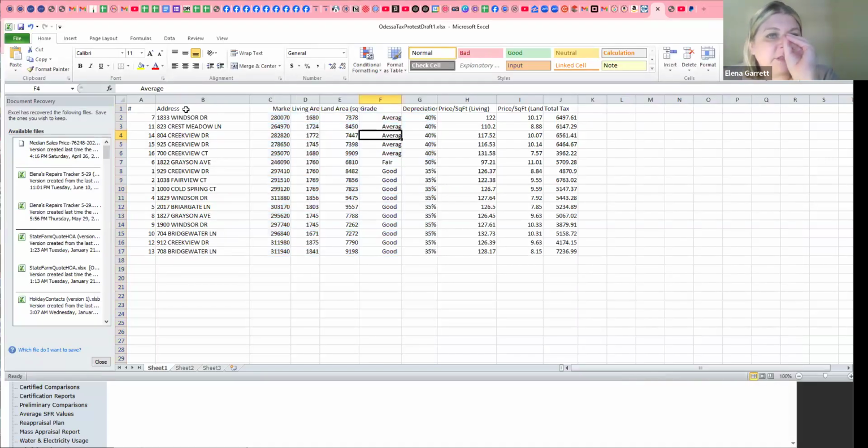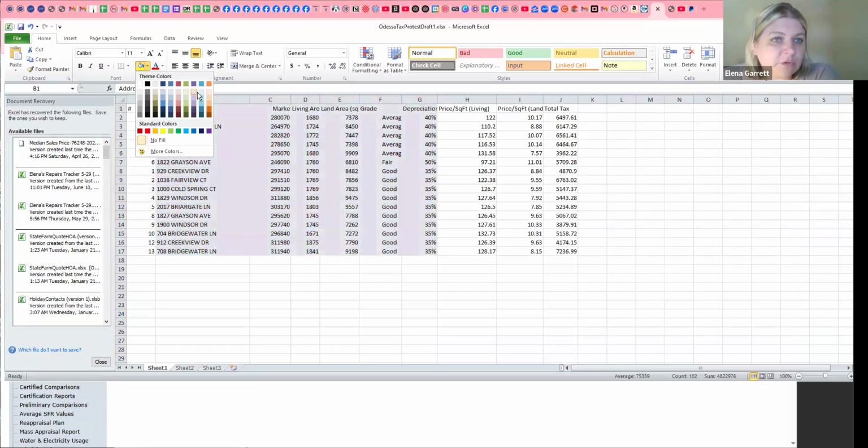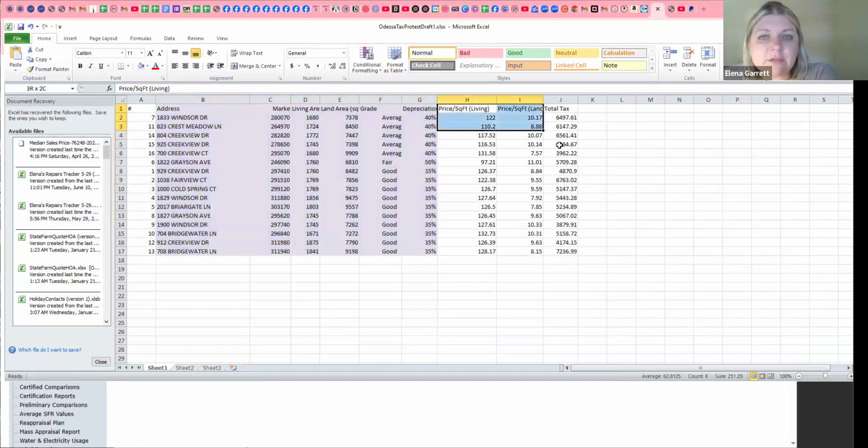So we'll just color them slightly differently. So this data came from the Dallas Appraisal District. And this data right here, I calculated myself. Also, this data came from the Dallas Appraisal District as well. And this data I calculated myself.